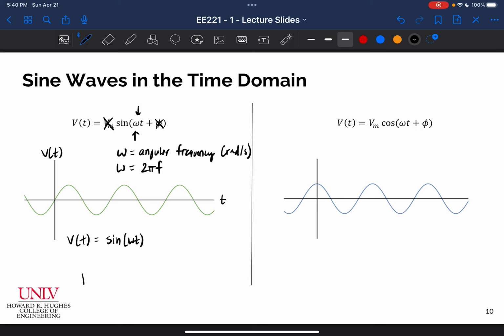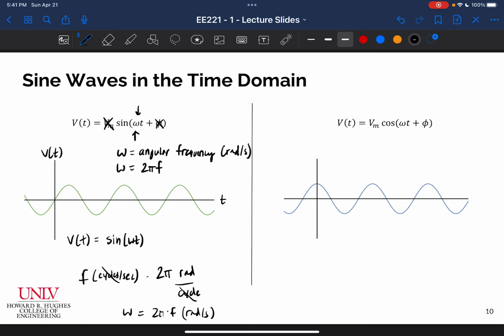I can see that if I take frequency f, which is in cycles per second, and I multiply it by 2 pi radians per cycle, I cancel my cycles, and I'm left with 2 pi times f radians per second, which is exactly what omega is. Omega is 2 pi times f, and its units are radians per second, okay?